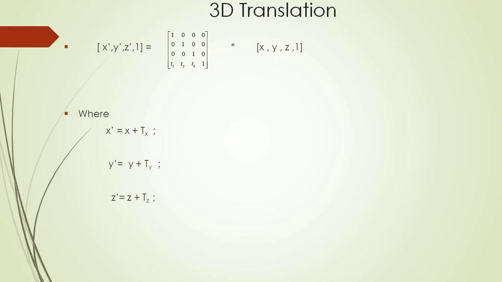In 3D translation there is one formula for all the transformations, that is P dash is equal to T into P. In 2D we calculate x dash and y dash only, but in 3D translation we calculate the x, y and z coordinates. So the 3D translation is x dash is equal to x plus tx, y dash is equal to y plus ty and z dash is equal to z plus tz.